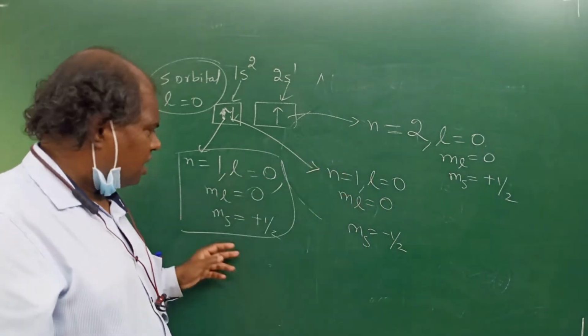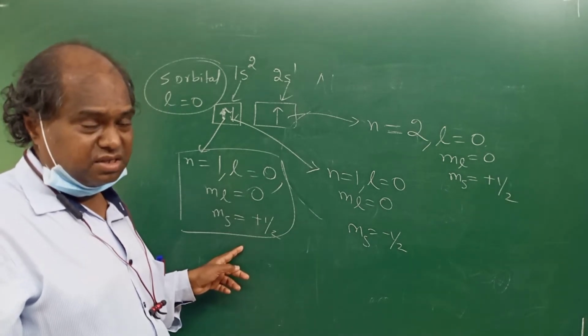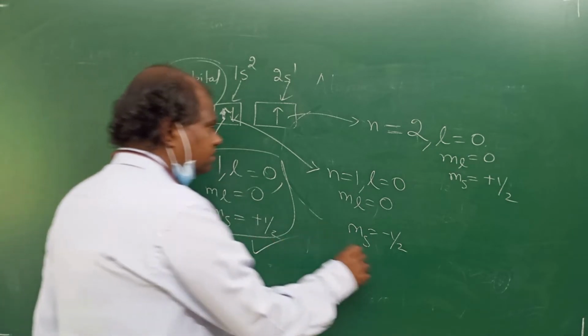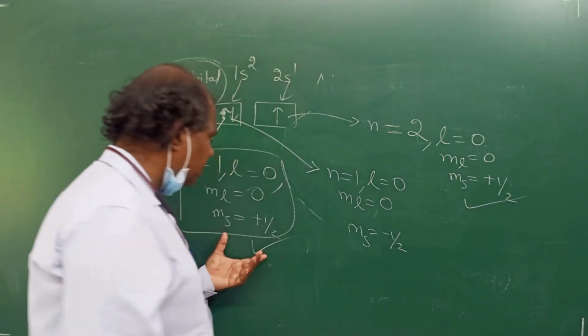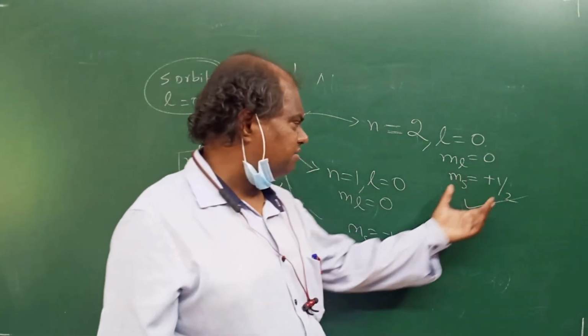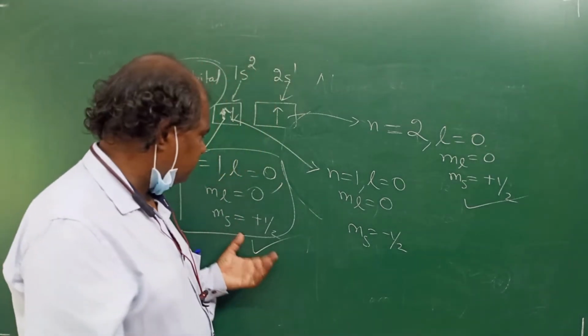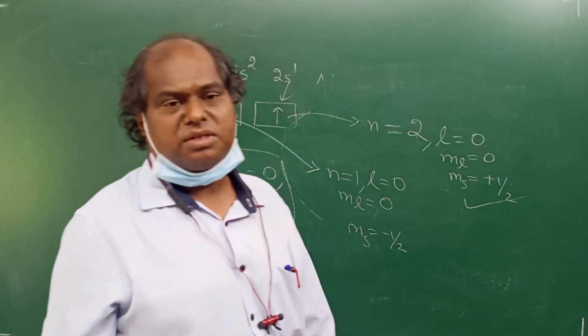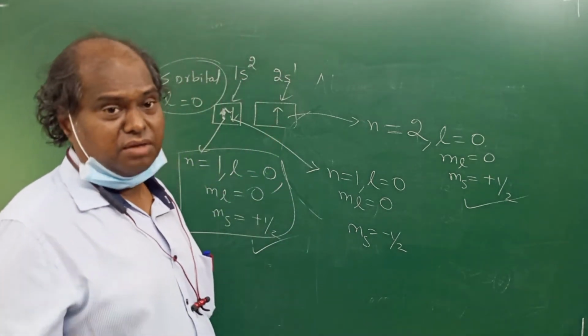Now the question was, how many electrons have ms equal to plus half? So can I say two electrons have ms equal to plus half? Can you see this? One electron here, one electron here. So the answer is 2.